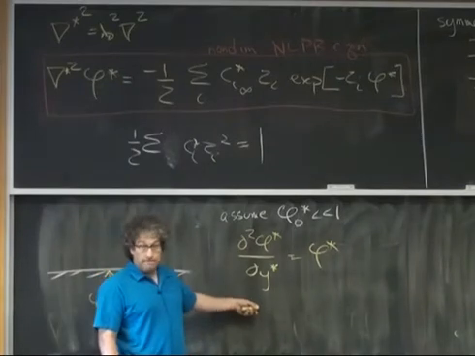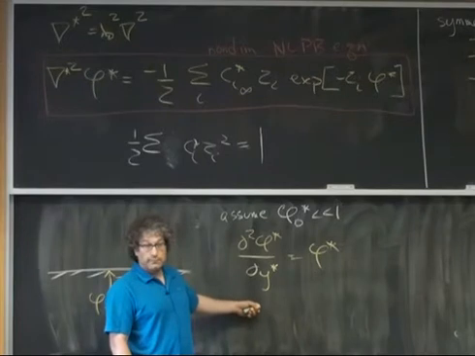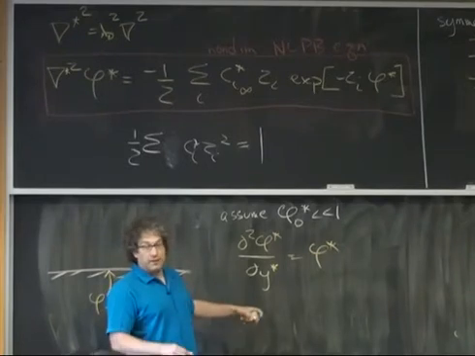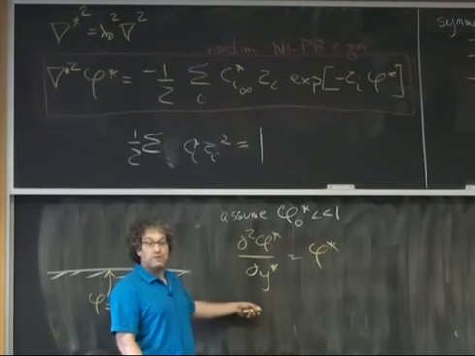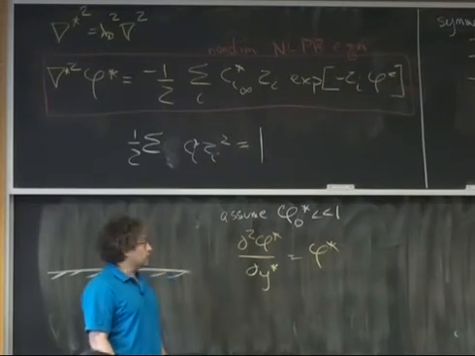Now, what are the solutions of this? I can combine them together in a bunch of different ways, right? I can have sines or cosines, sinh, cosh, exponentials with positive and negative exponents.